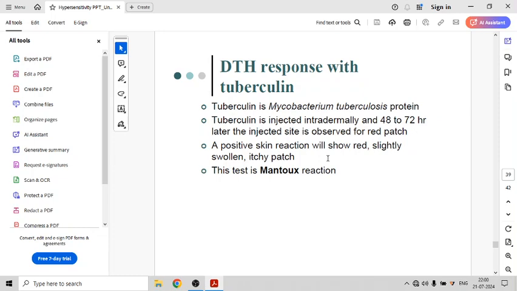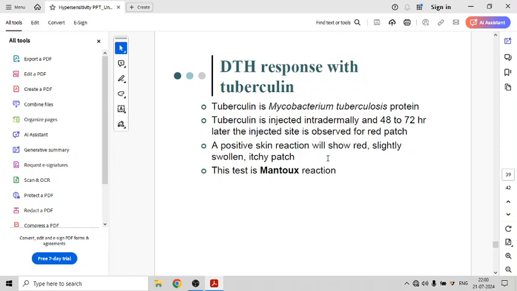The antigen that entered the body through the skin surface has been reacted upon by the antibody, and the sensitized TH cells and macrophages are already there in that area, and the red patch indicates the person is immune to Mycobacterium tuberculosis. If the Mantoux reaction does not take place, it is an indication that the person was not immunized against the tuberculosis bacteria.